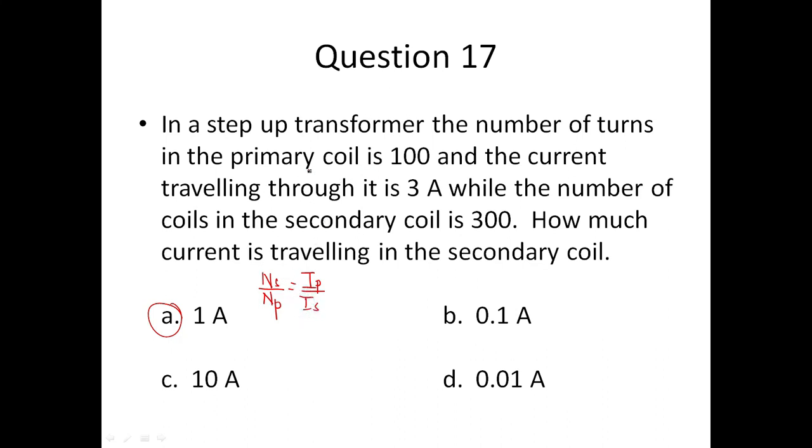The secondary turns is 300, the primary is 100, the current in the primary is 3 amps, and the current in the secondary is what we're looking for. So we get 100 times 3 amps over 300. This cancels this, we're left with 1, so the answer is 1 amp.